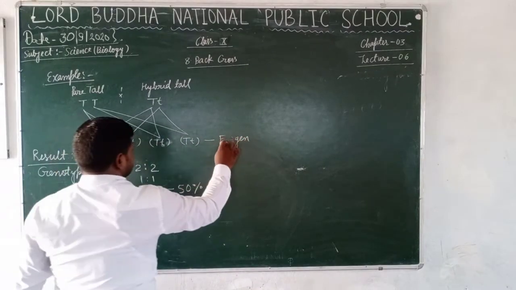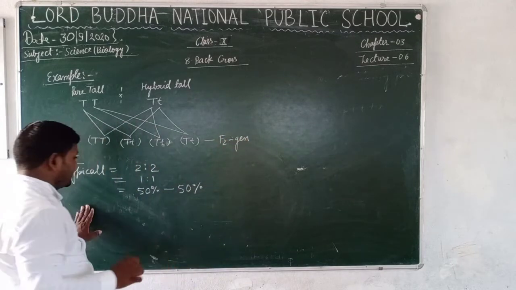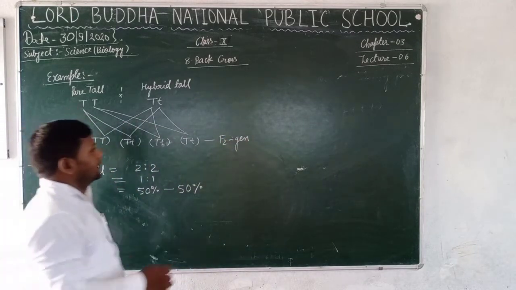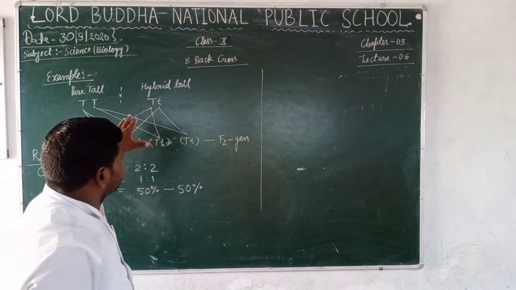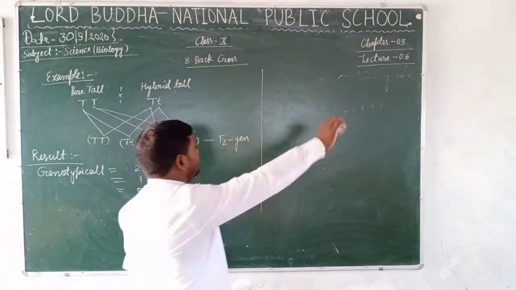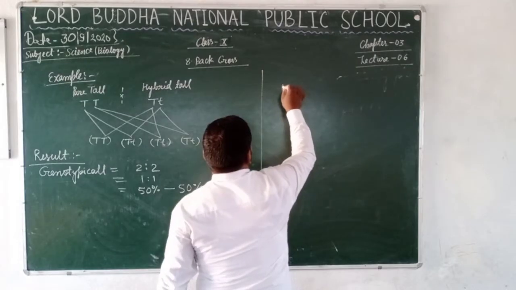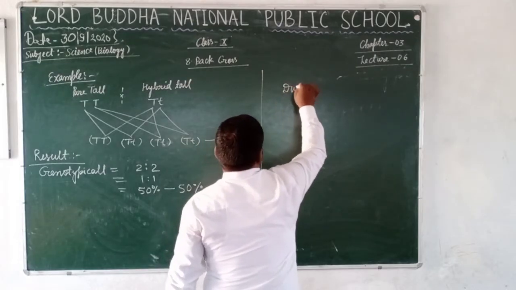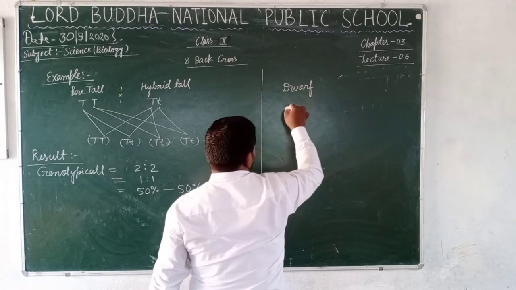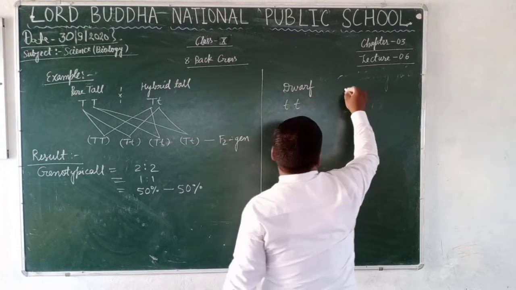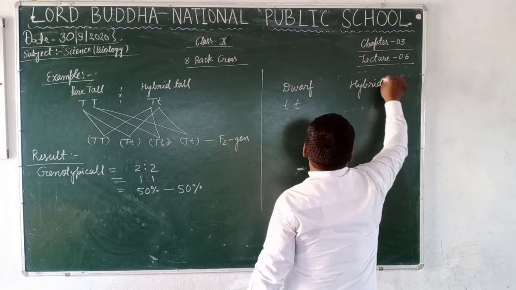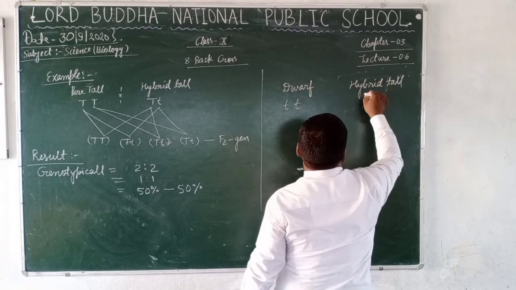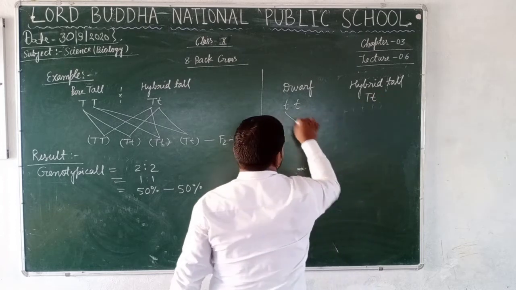Okay students, F2 generation. Likewise, here we can also make the cross hybridization between a pure dwarf, it means the dwarf parental generation, small t small t, and the F1 generation hybrid tall, capital T small t.